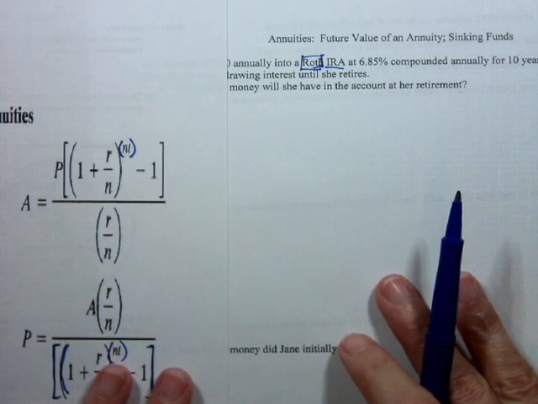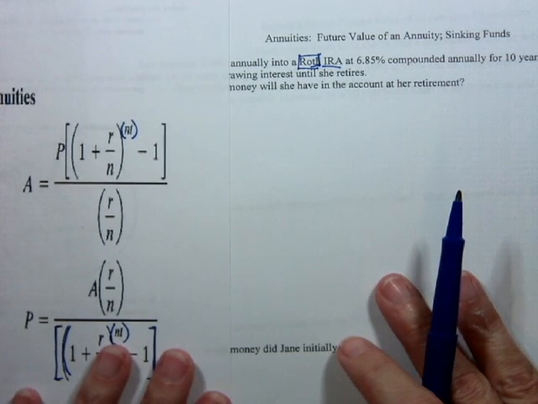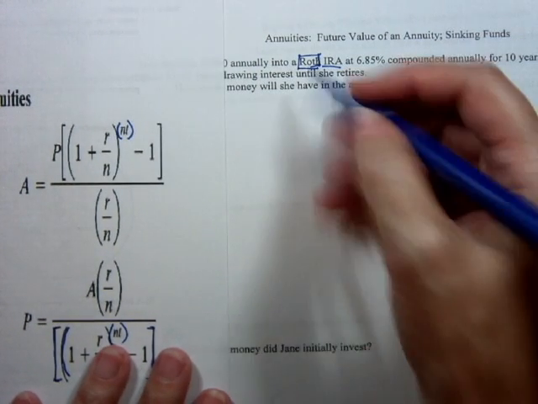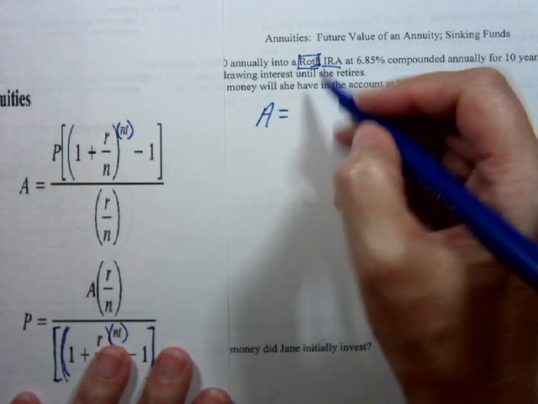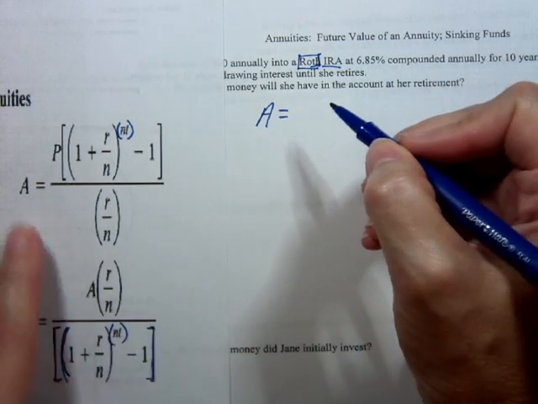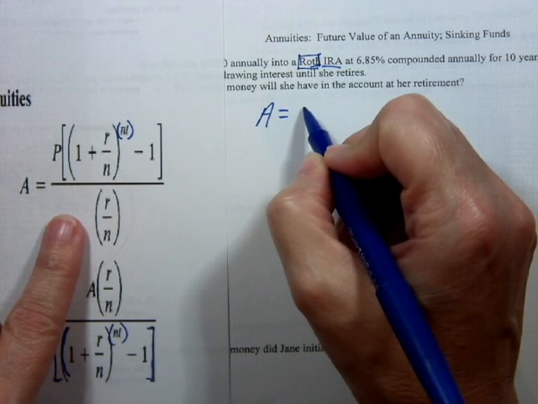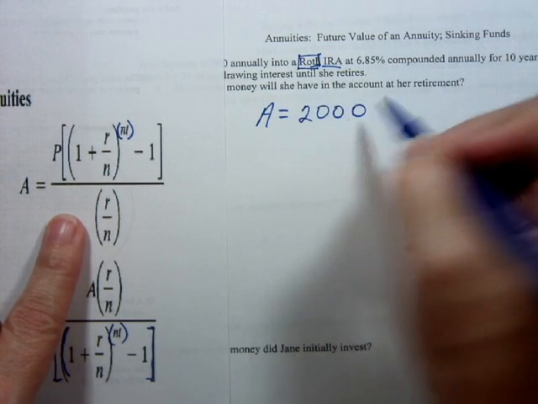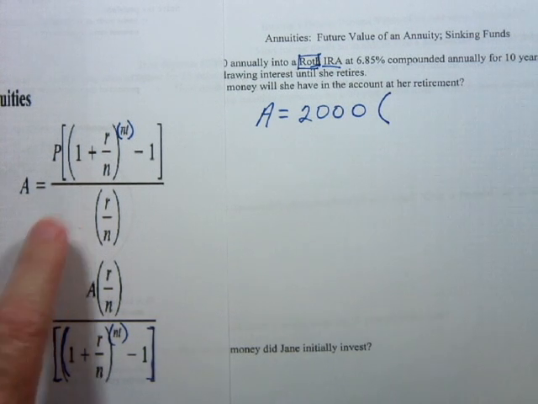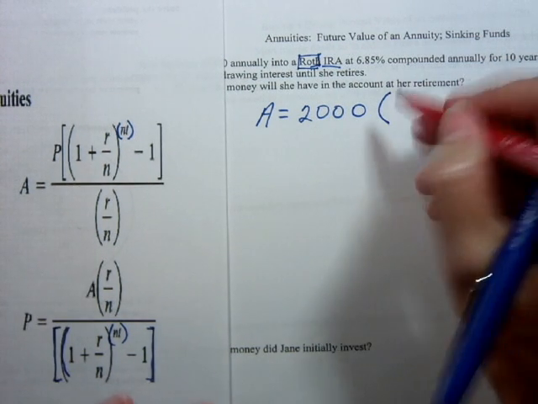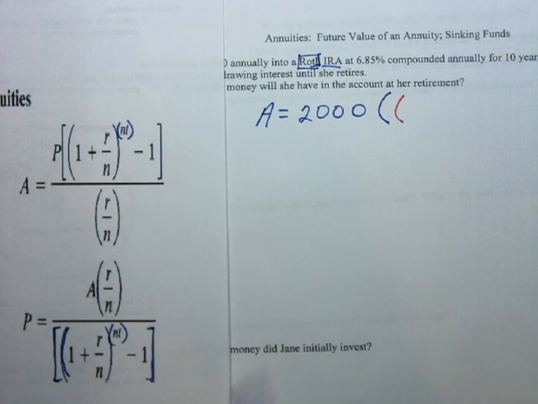And I'm going to plug in every amount that I need into this formula. The amount she will have in the account is her payment. What was her payment? She's putting in $2,000 a year times, and that's just a parenthesis, but then there's going to be another set of parentheses to go with it.